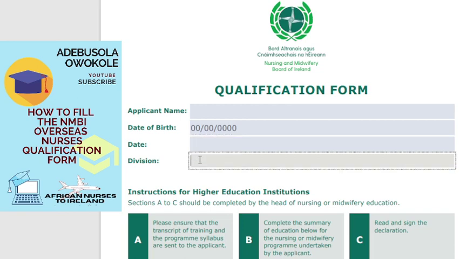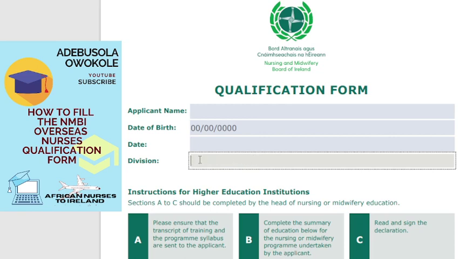And division. Division is the NMBI division you are applying for. It's general nursing. It's only one division at a time because you are applying as an overseas nurse. If you are applying for the NMBI general nursing division, you put general nursing.